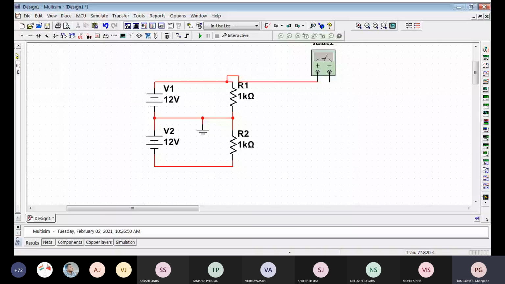If I put it like this, I place the ground again. I have to measure the voltage between the ground and this point across R1.